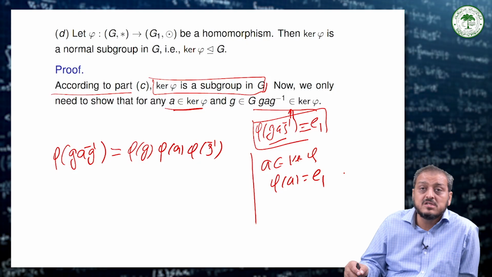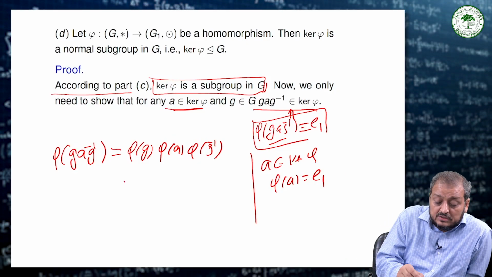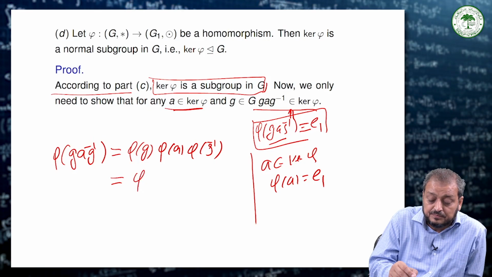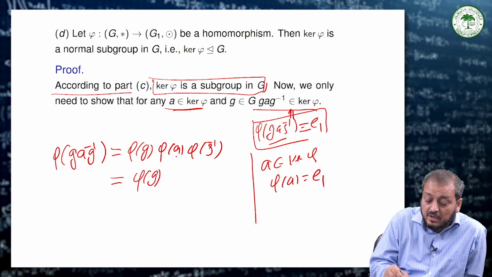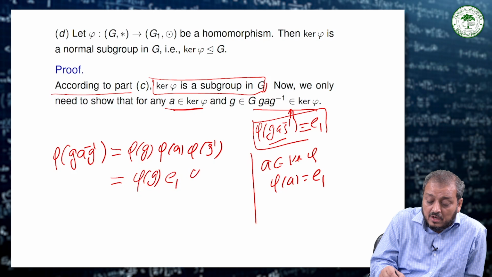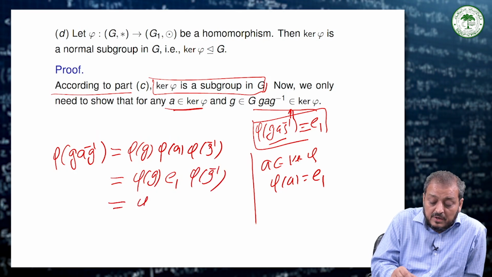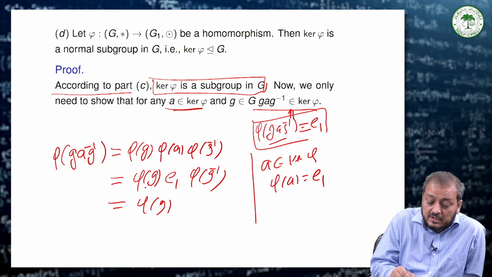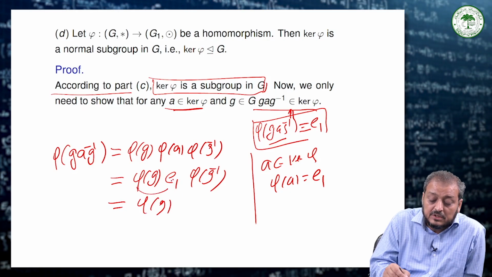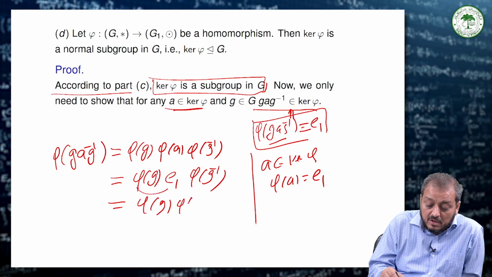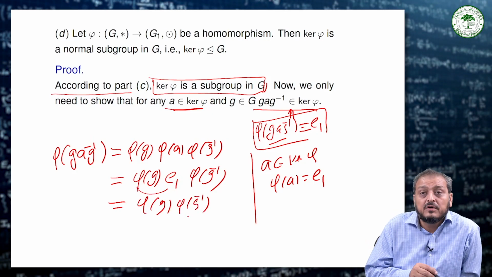So this can be written as phi of G inverse, then E1, then phi of G. Now E1 composed with phi of G gives phi of G, so we have phi of G inverse times phi of G.